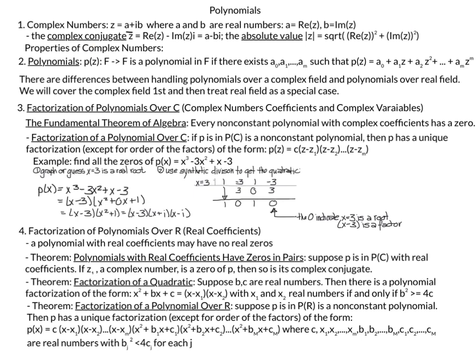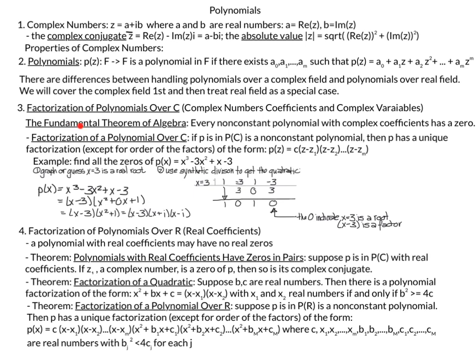The next thing we did is we reviewed polynomials. We defined a polynomial over a field F as a function p(z) equal to a0 plus a1z plus a2z squared up to amz to the m, where a0, a1, up to am come from the field F, and this statement is true for any z also in the field F. Next, we looked at factorizations of polynomials over C, with complex numbers for coefficients and also complex variables.